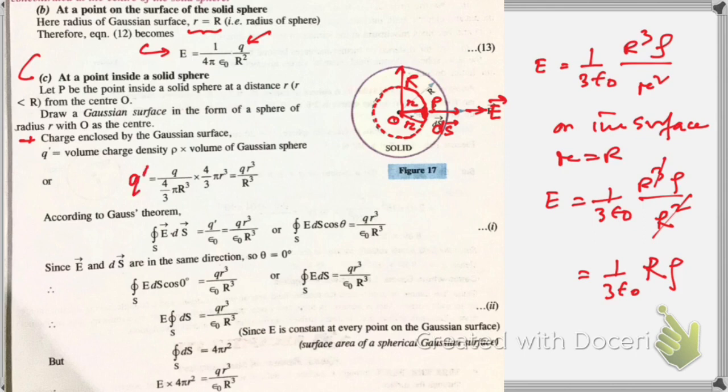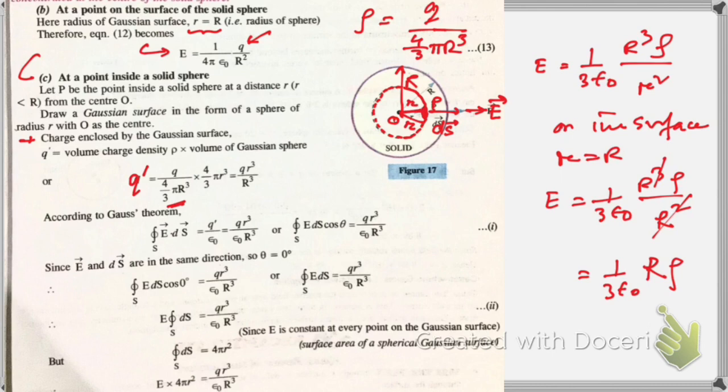The total charge was Q, and the volume charge density is rho, which is given by Q by the total volume of the sphere, that is 4 by 3 pi capital R cube, where capital R is the radius of the sphere.